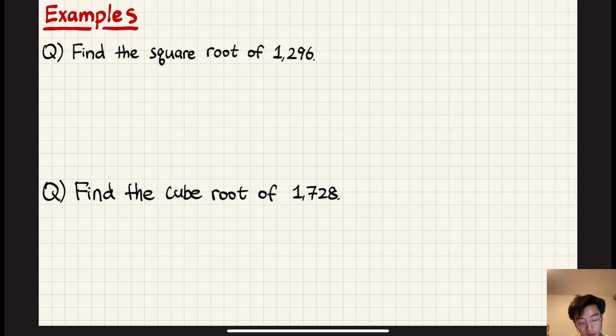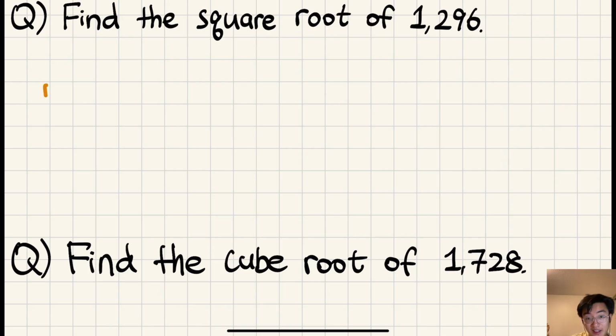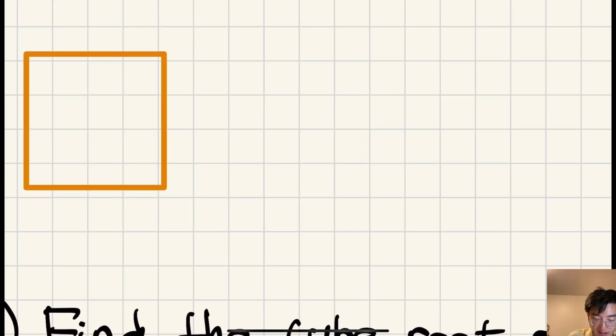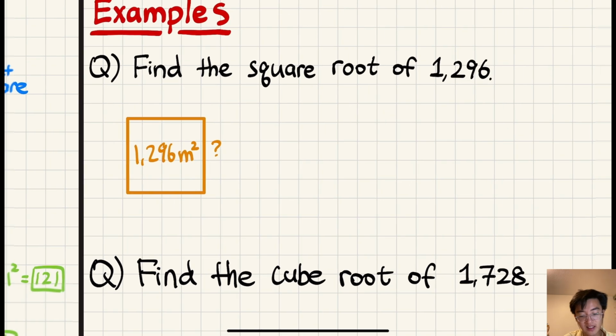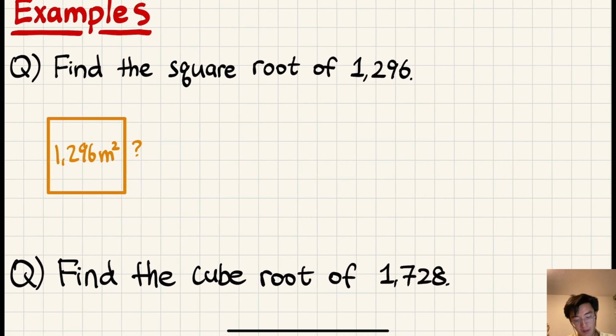Our first question here is to find the square root of 1,296. In other words, we have a square right here with an area of 1,296, let's say meters squared. We just have to find the side length of this square.